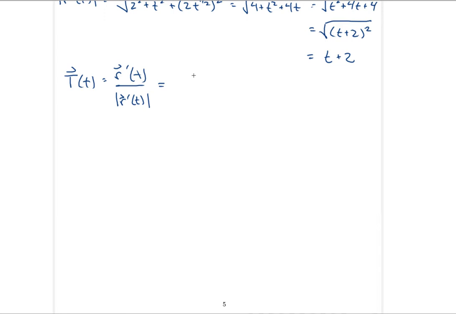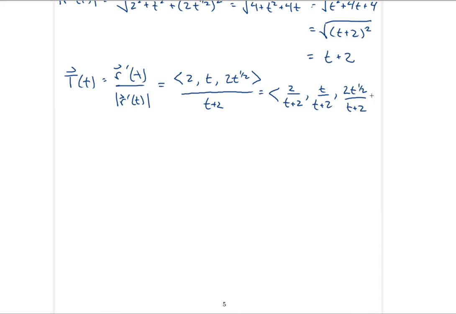So r prime of t is 2t, 2t to the 1/2, and then the magnitude of r prime is t plus 2. So I can combine all this into 2 over t plus 2, t over t plus 2, and then 2t to the 1/2 over t plus 2. That's just my unit tangent. What I need is to take the derivative of that.